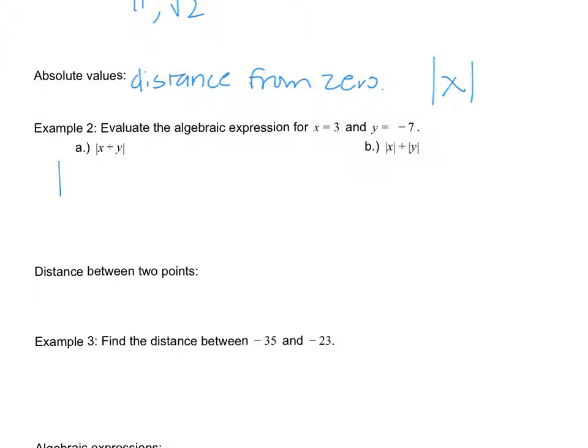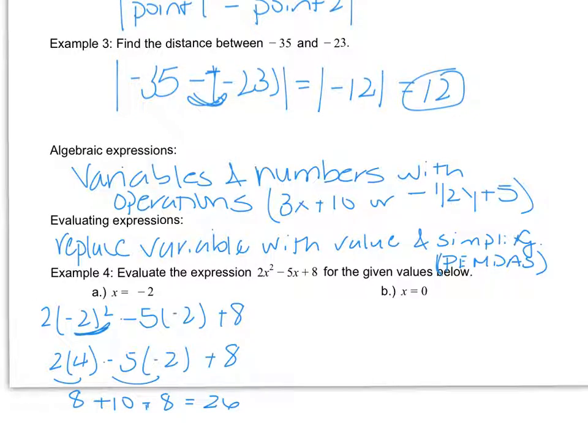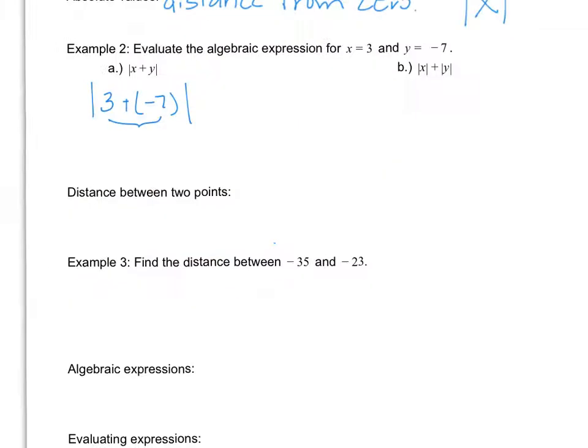So here we have 3 plus -7. So 3 plus -7 is -4. So we're looking at the absolute value of -4, which of course is +4. Same idea with b, we're going to replace with the values we were given. Absolute value of 3 is 3, absolute value of -7 is 7, and 3 plus 7 is 10.